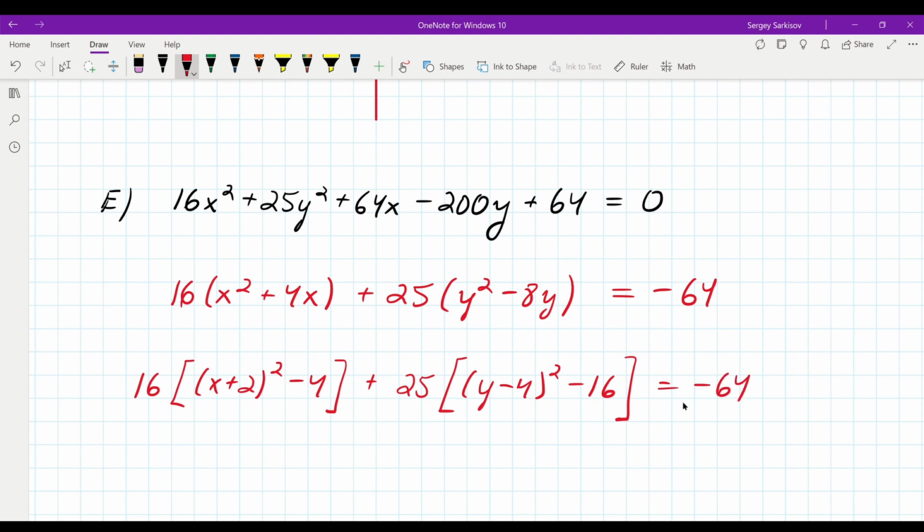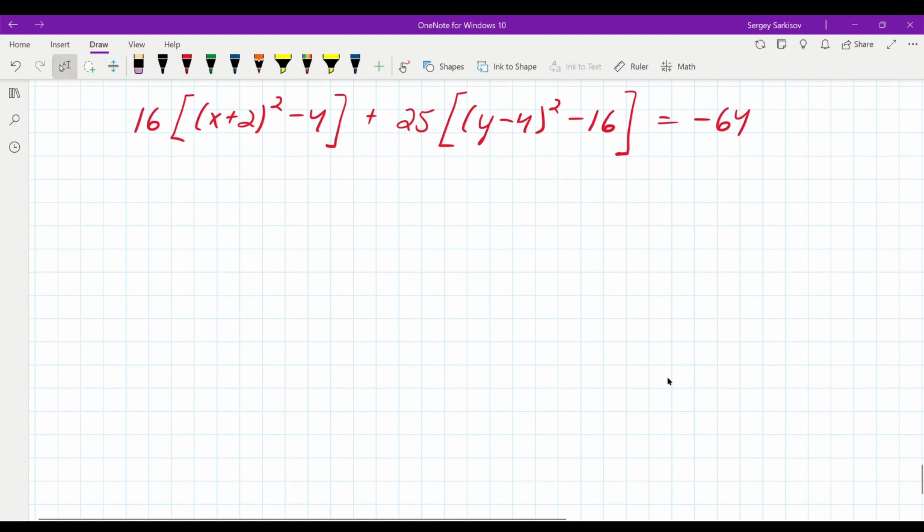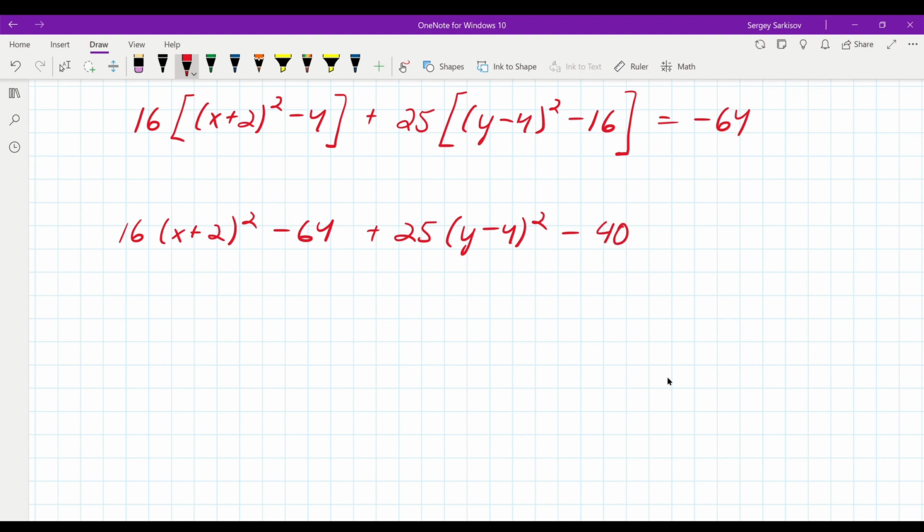All right, now let's be careful here. We get 16(x plus 2) squared minus 64, I'm just distributing everything out, plus 25(y minus 4) squared minus what? 400. Yeah, 16 times 25 is 400. Equals negative 64.